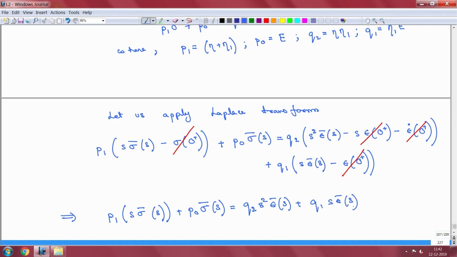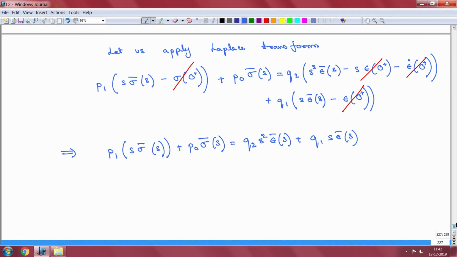As I said, we have skipped one part where we show how these terms drop out, but basically they can be derived from looking at that limiting process that we have seen before. Once you apply that, and the initial values of the stresses and the strain and the derivatives evaluated at 0 plus, you see that they will actually drop out of this transformed equation.